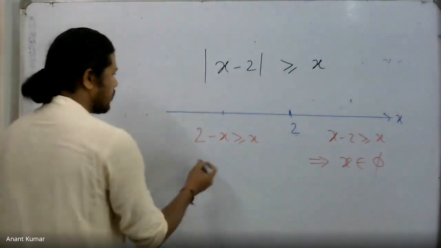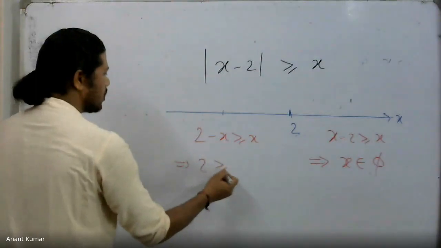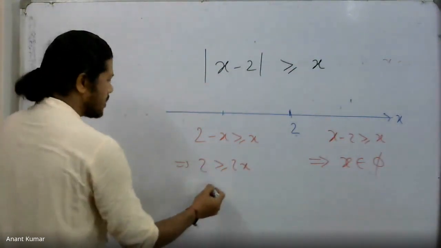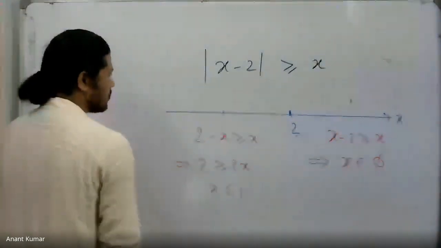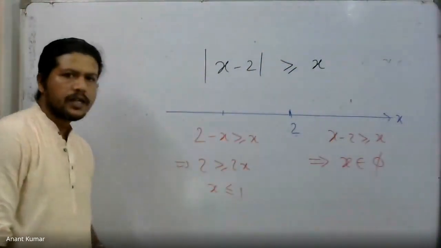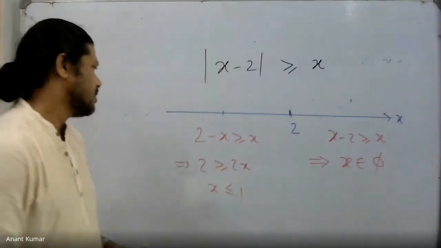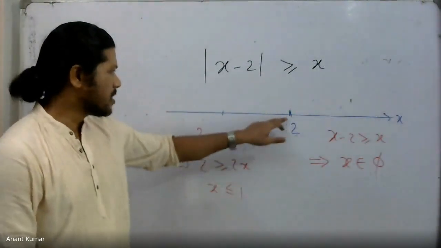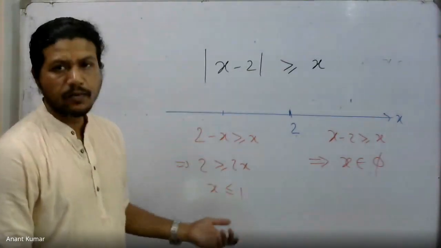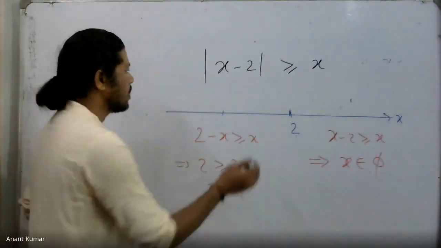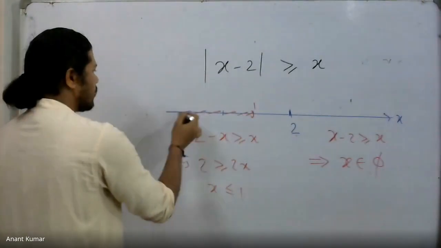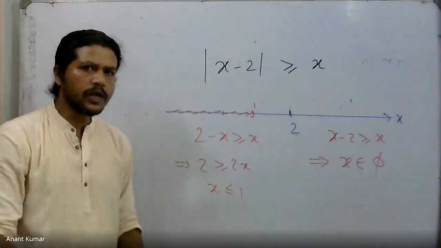That gives us 2 is more than or equal to 2 times x, which gives us x less than or equal to 1. But obviously we have to take the intersection. I have already taken x to be less than 2, so further taking x less than or equal to 1, the solution set is all real numbers to the left of the point x equal to 1, including 1.